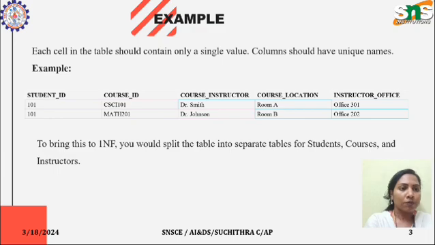The columns should have unique names, that is, course ID, course instructor, course location, instructor office; these are the columns and the rows have the different values. To bring this to 1NF, you should split the table into separate tables for students, courses and instructors.